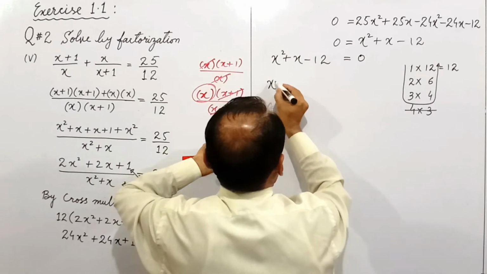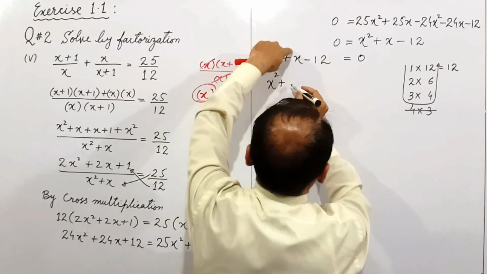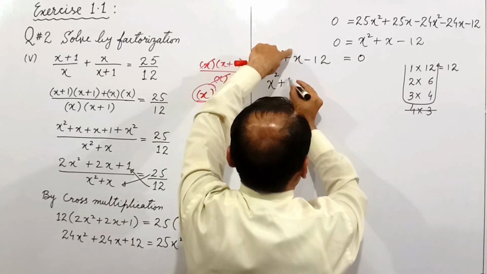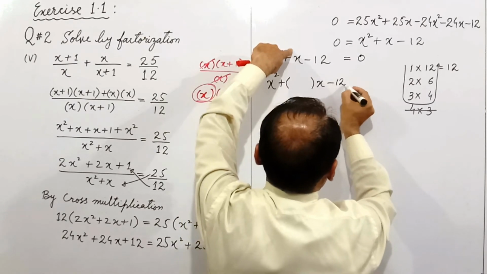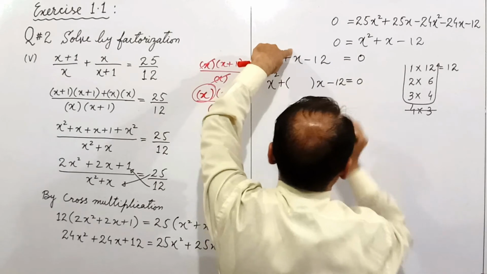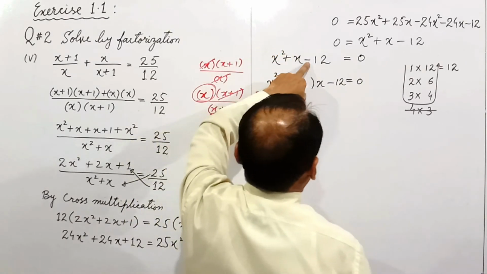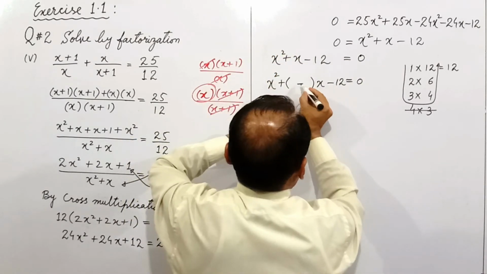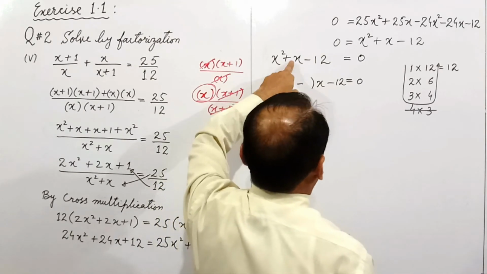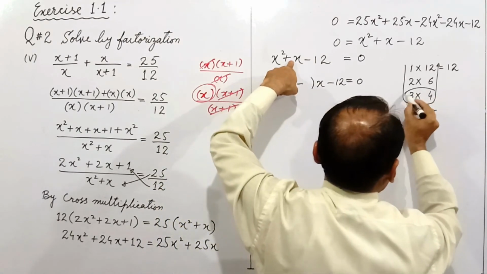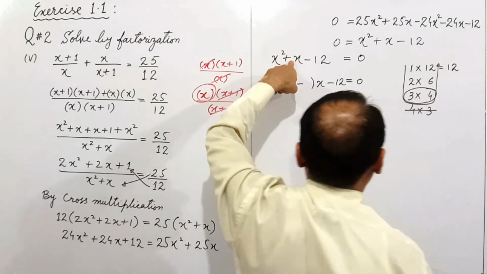In the next step, x square plus, in place of 1, the midterm coefficient, we place a bracket, x minus 12 is equal to 0. The last term sign is minus, so we place a minus in the middle, and that tells us that we do subtraction to find 1, and for this sake 3 and 4 is a suitable pair.